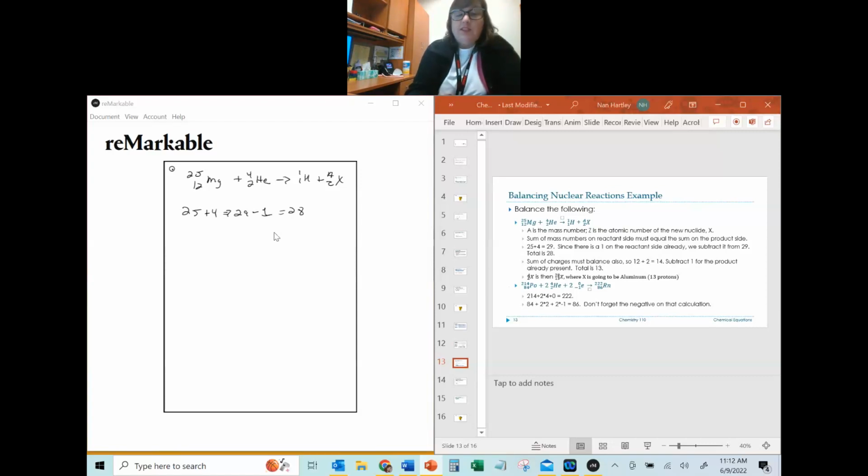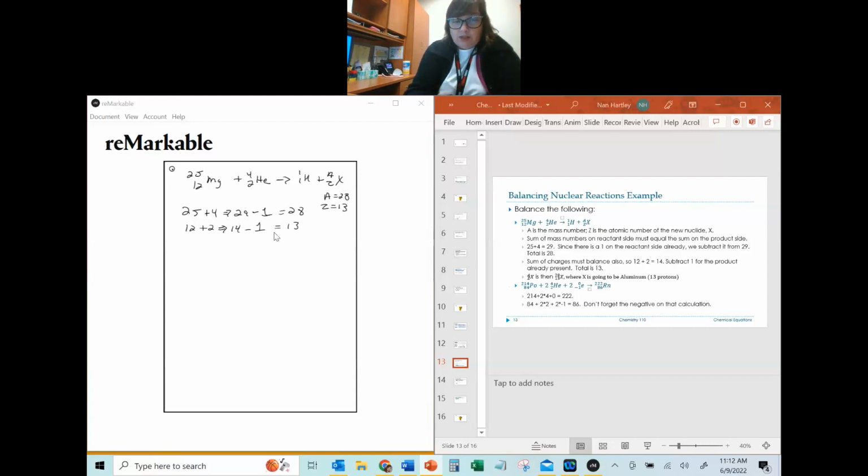That means that A is 28. So I've dealt with my mass number. I can then talk about the number of protons. I have 12 plus 2, which gives me 14. I can then subtract the 1 from this side, and that gives me 13. So my Z is 13.